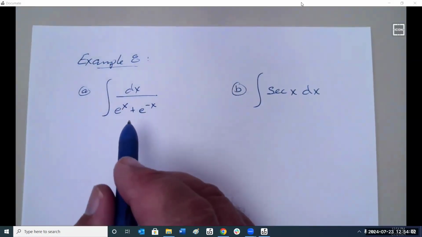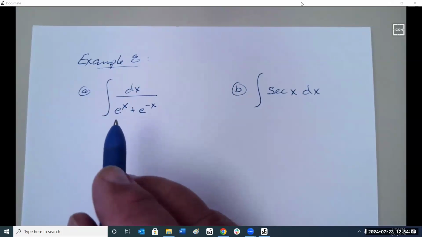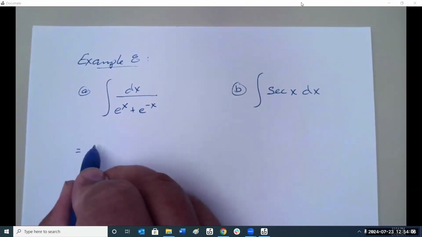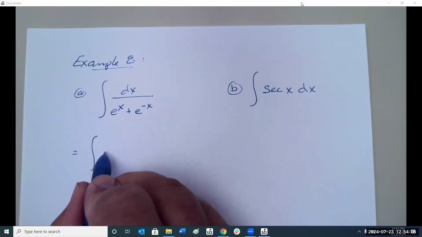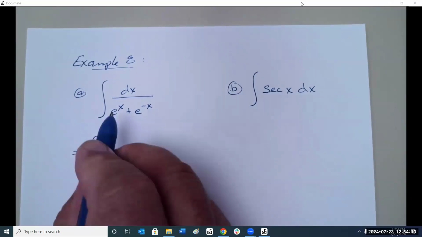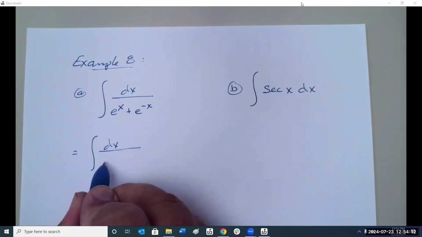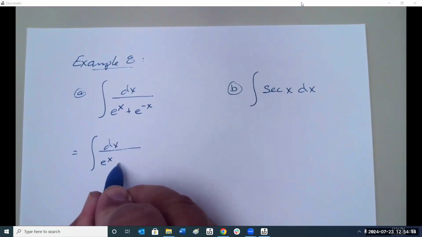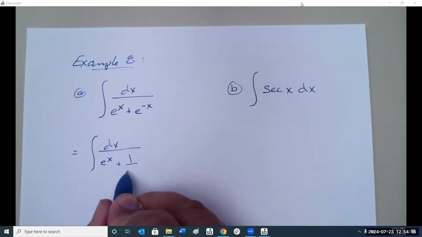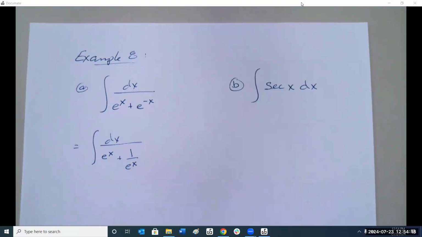Well, we have to do it so we don't have any negative exponents first. So what it looks like right now on the bottom is that.